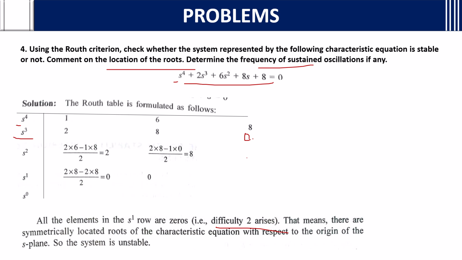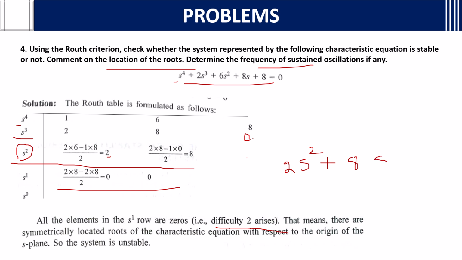For that, what you should do is, anyway, this is 0. You know that in the previous row there are values present. The row is 2s square. Then you should write 2 into s square plus, and you should not take the next term as 8s, not continuously. The next term you should take is 8 into s power 0.